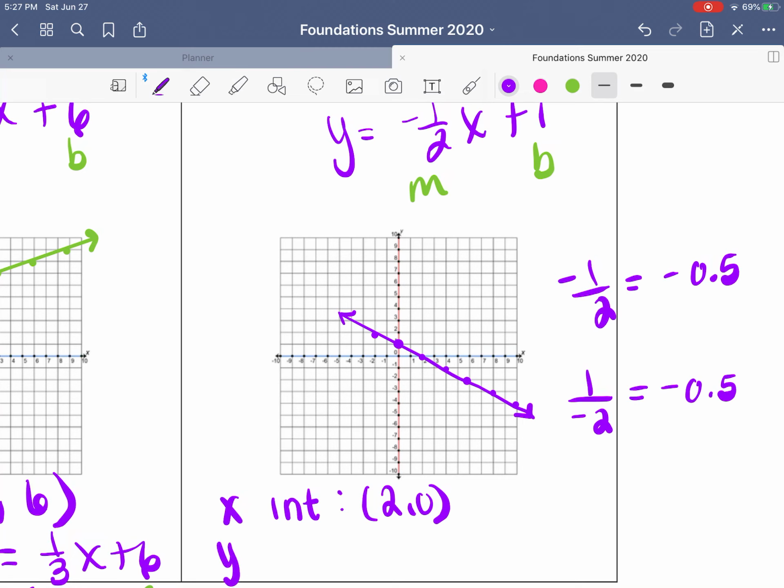And the y-intercept we found from the equation right here, and the graph right here, (0, 1). So in the x-intercept, the y value is 0 because it crosses the x-axis, and in the y-intercept, the x value is 0 because it crosses the y-axis.